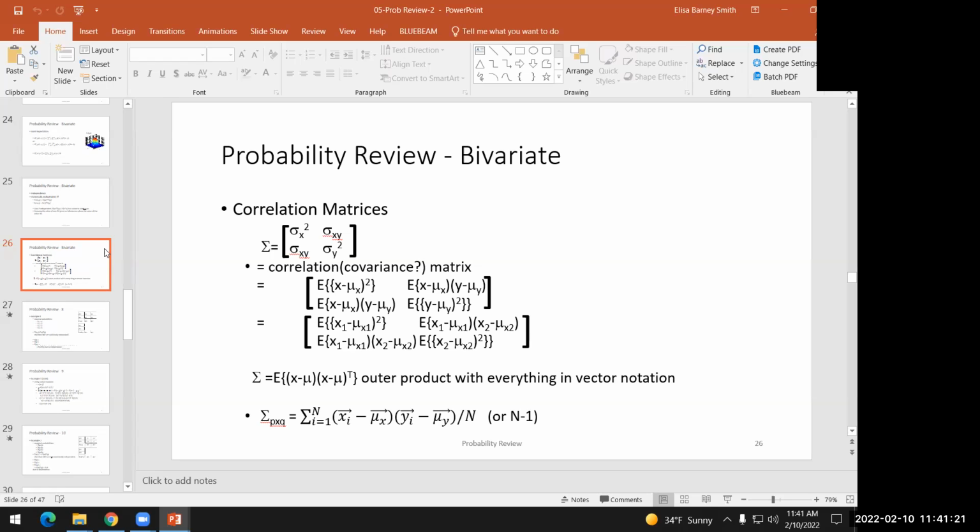We're going to add all those up, divided by n minus 1.